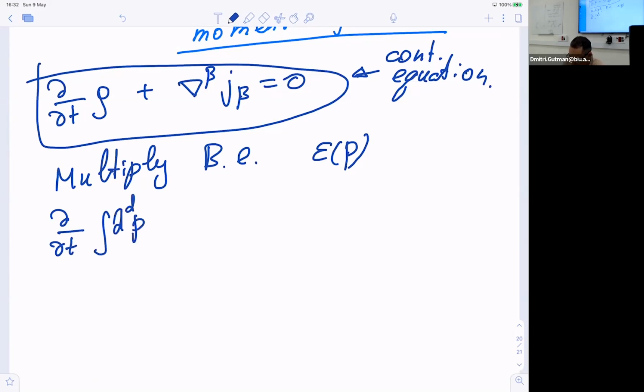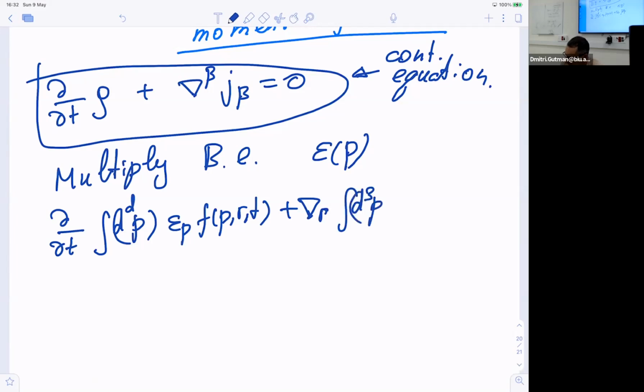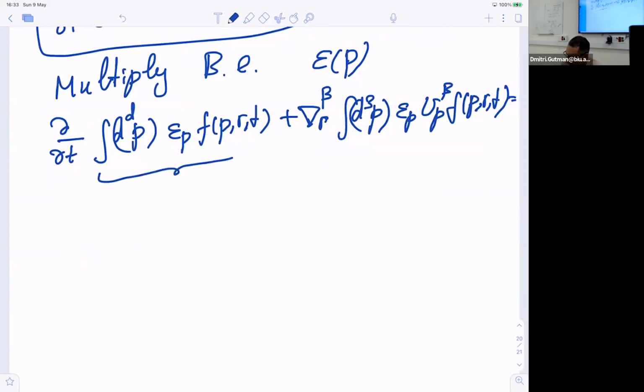So my equation reads: partial derivative in t of the integral of epsilon p f p r and t, plus gradient in r of the integral over d3p of epsilon of p v of p f p r and t, equals 0. And once again, equals 0.